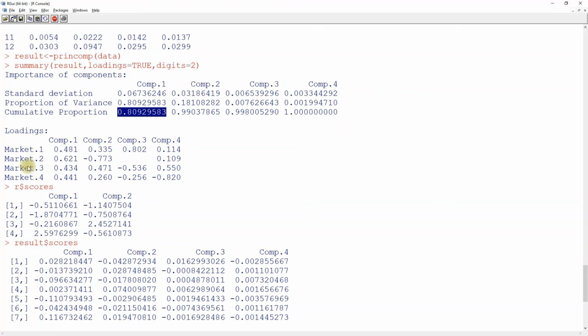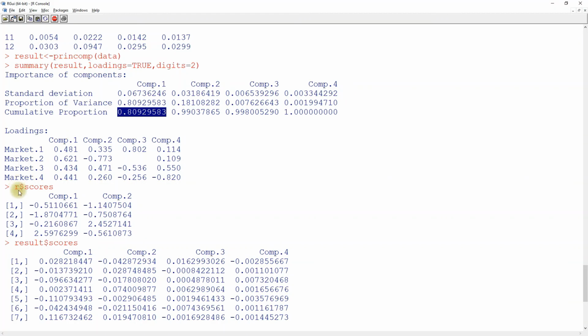It basically means that all of these variables are correlated together. Maybe these markets are relatively similar in a way or the other. If we had more information, maybe we would have noted that these different markets are similar markets. That's why all of them are loaded on only one component.